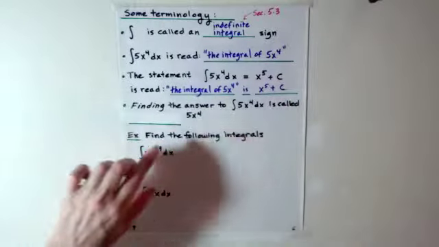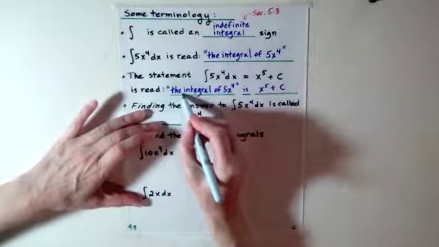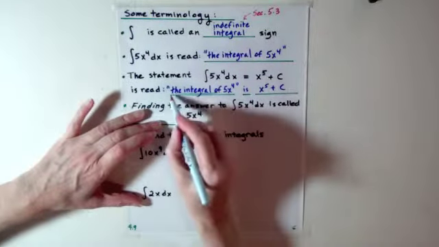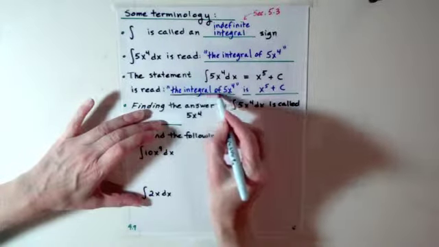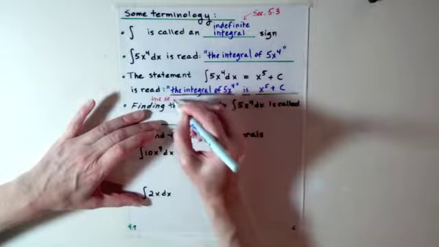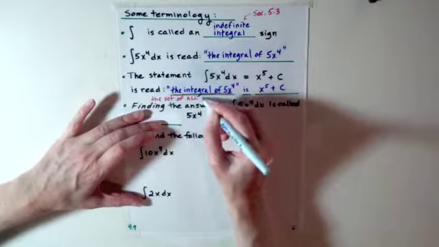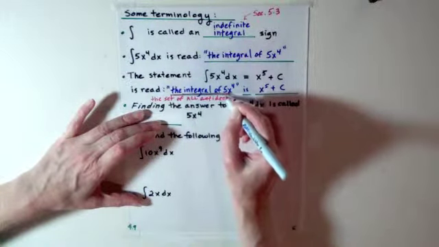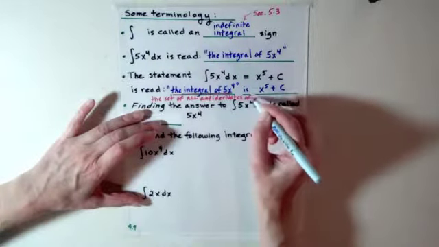So notice that this statement, the integral of 5x to the fourth, is really another way of saying the set of all antiderivatives of 5x to the fourth.